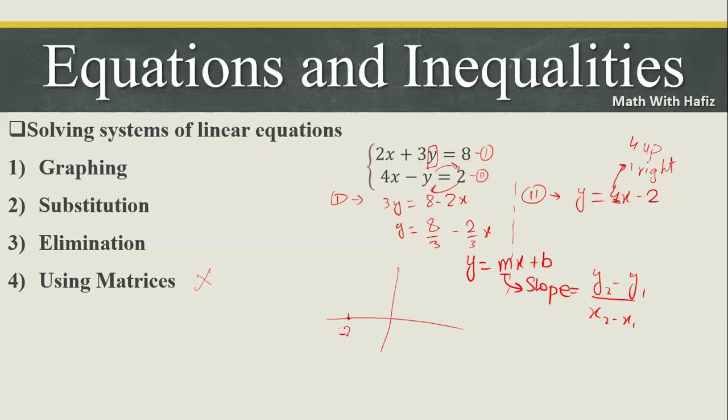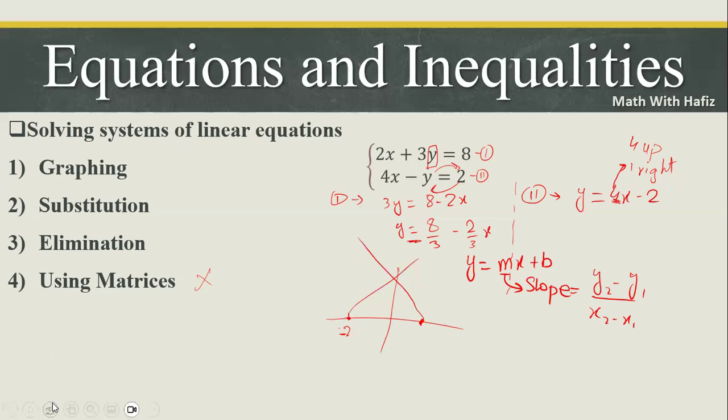And for this one, it is at 8 over 3, which will be positive 2 point something, where it will cross for equation number one. So you will graph it. For example, let's say it is graphed like this, and for equation number one you have this graph. I did not graph it according to the actual graph, I just gave you an example to explain it.